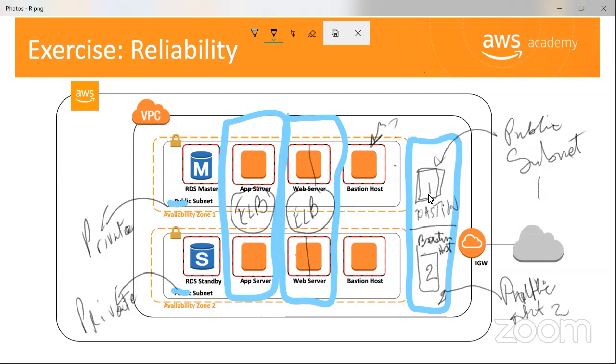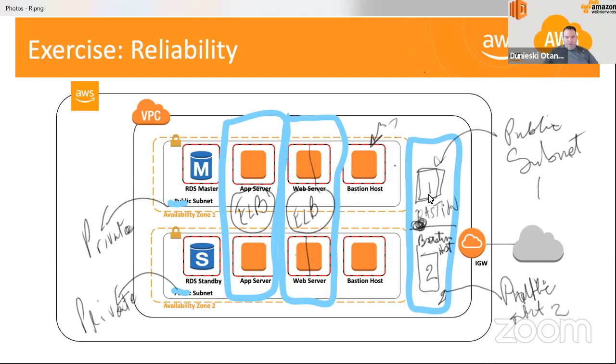In AWS, you have both an internet-facing load balancer and an internal elastic load balancer. Oh, so you're talking about another one here. You have to have one between the Bastion host and the web server. And then one between the web server and the app server is enough.